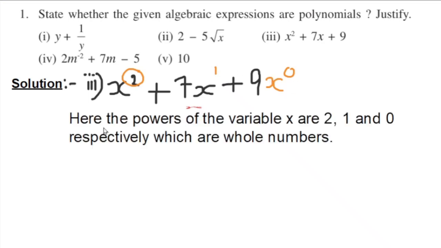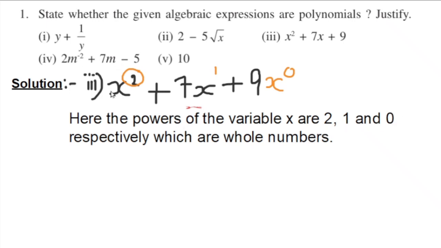Next step: here the powers of the variable x are 2, 1 and 0 respectively, which are whole numbers. All these numbers are whole numbers. 2 is a whole number, 1 is a whole number and 0 is also a whole number.